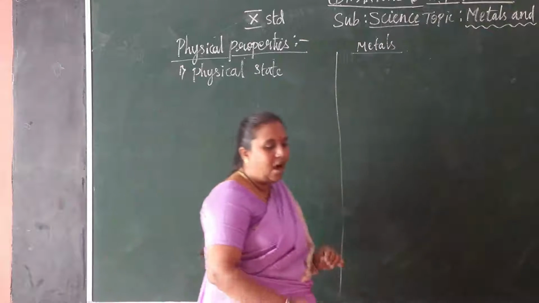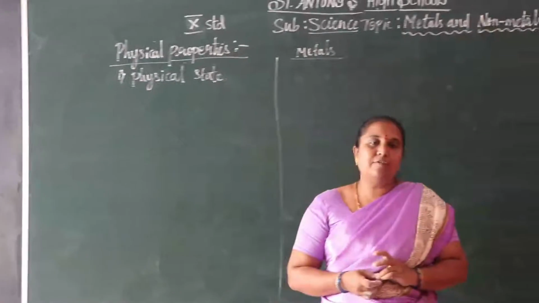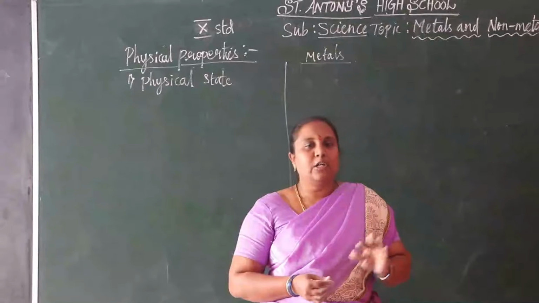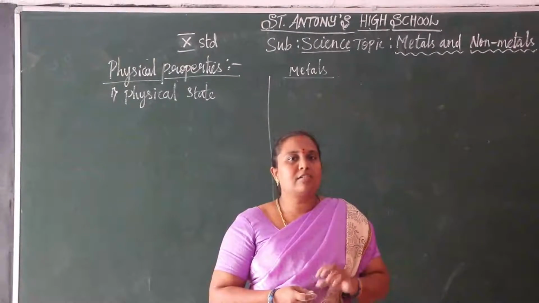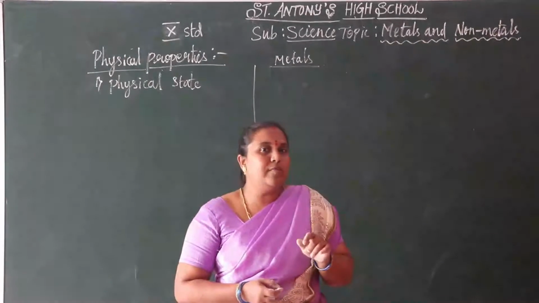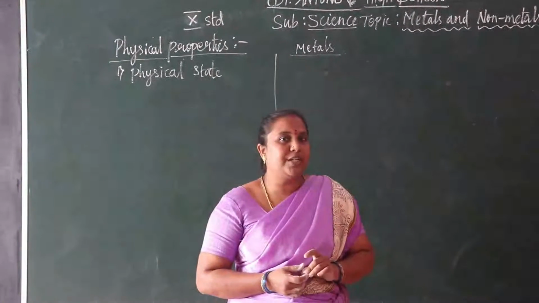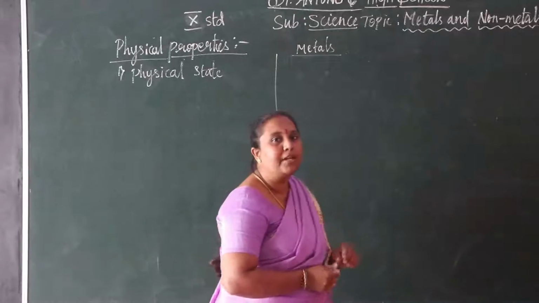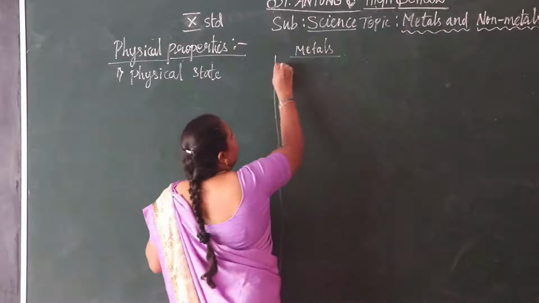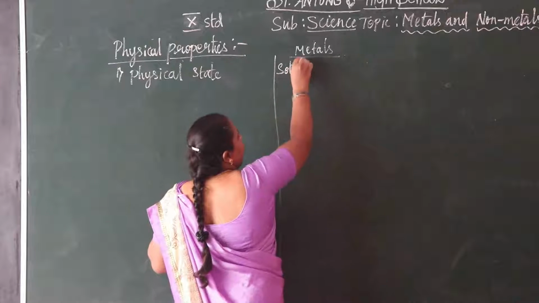It is very hard. So the physical state of metals is solid. Metals are solid at room temperature. Except, what are the two metals which are liquid at room temperature? Mercury and gallium.